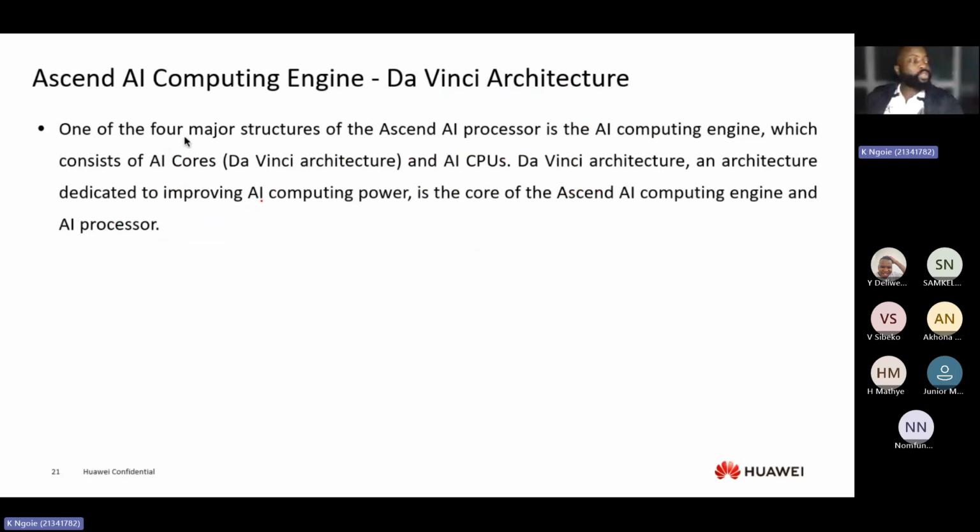One of the four major structures of the Ascend processor is the AI computing engine. The AI computing engine will have the AI core itself, which is the Da Vinci architecture, and all the small AI CPUs. The Da Vinci was created to improve AI computation power.